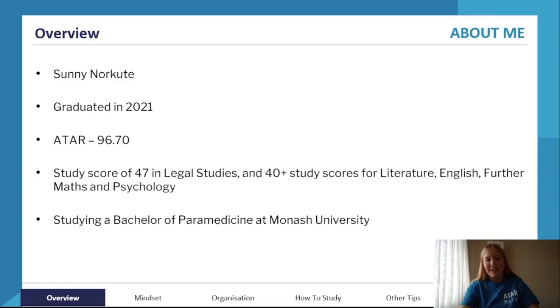I recently graduated school in 2021 and I achieved an ATAR of 96.70. I did get some good study scores, including 47 in legal studies and 40 plus study scores for the rest of my subjects: literature, English language, further maths, and psychology.